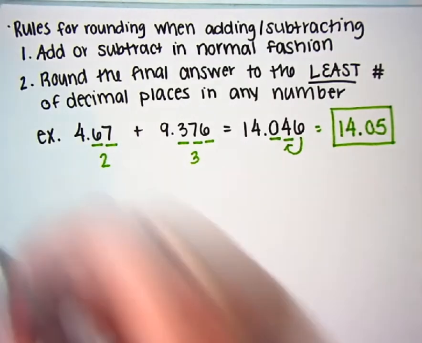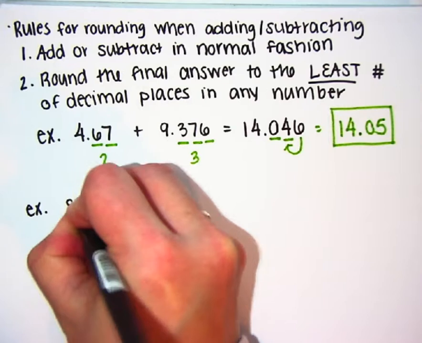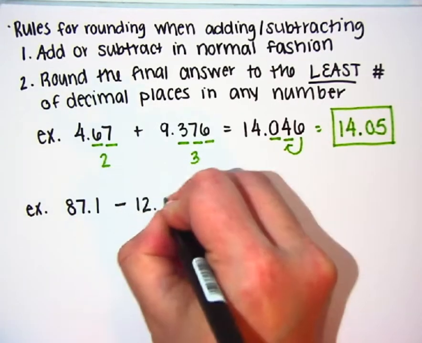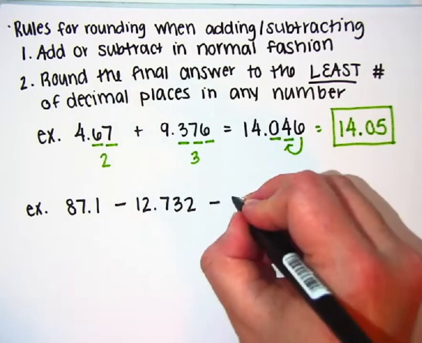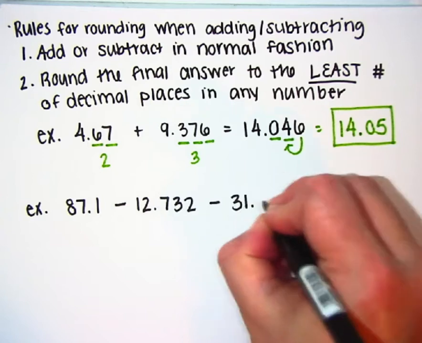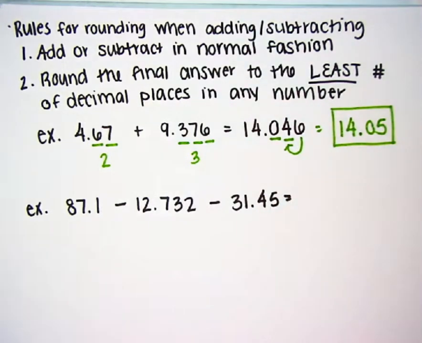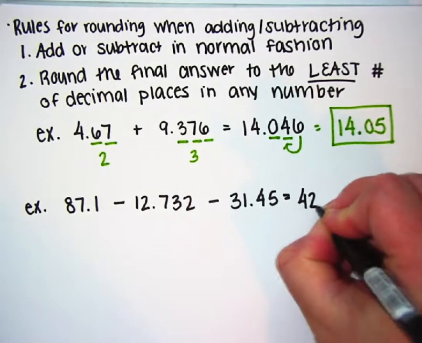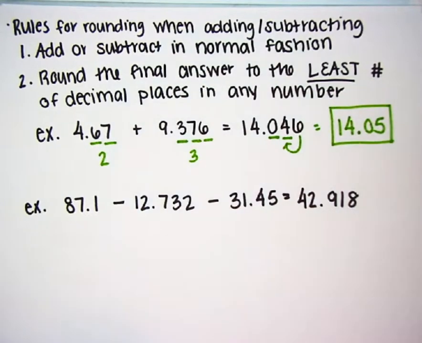Let's do another one. Let's say I had 87.1 minus 12.732 minus 31.45. And when we calculate that, we get 42.918.